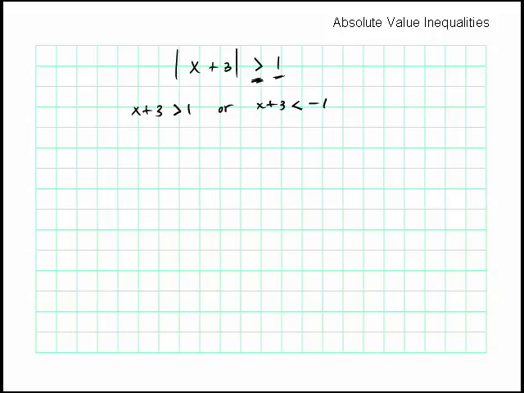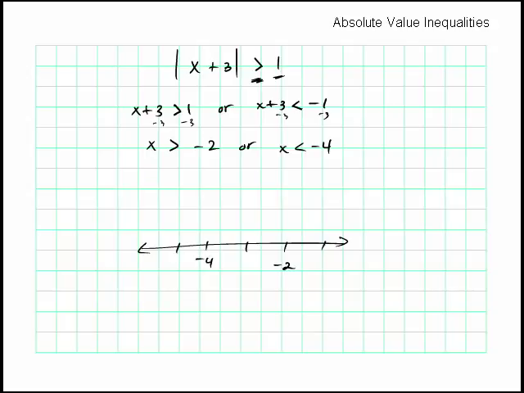Now once again, I'm going to just solve each one for x. Let's fix that. This is going to be x is greater than negative 2, or x is less than negative 4. Scratch work.